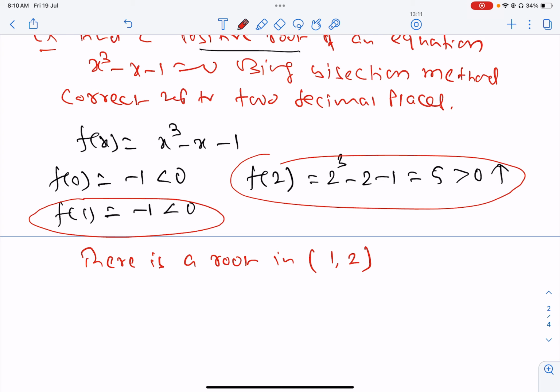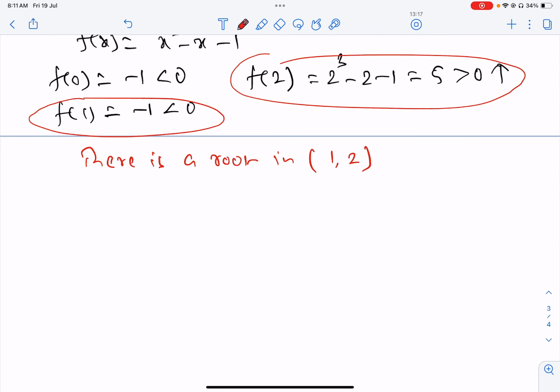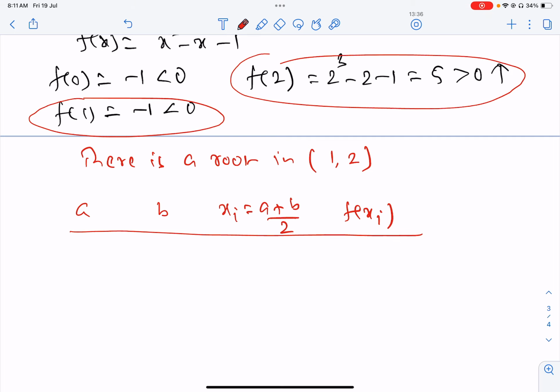Now you can do like this for the iteration. You can prepare the table also, like a, b, then xi equals a plus b by 2, and then f of xi. Okay, so you can do like this.